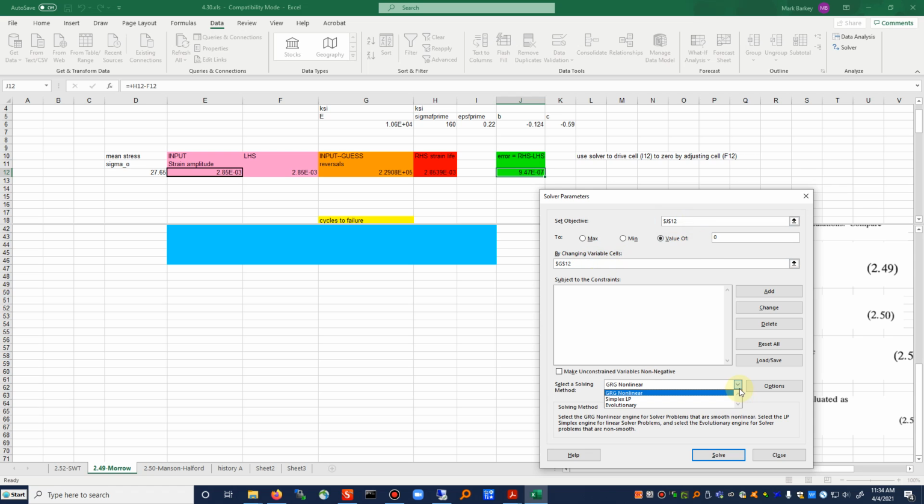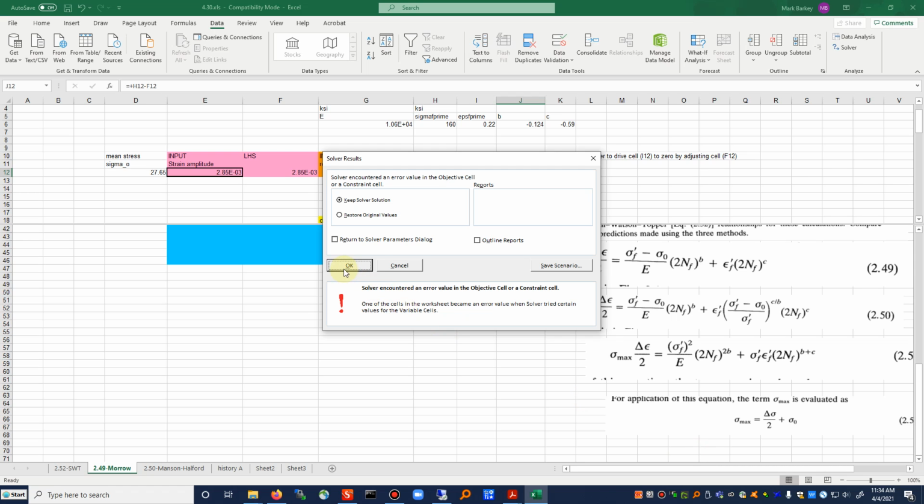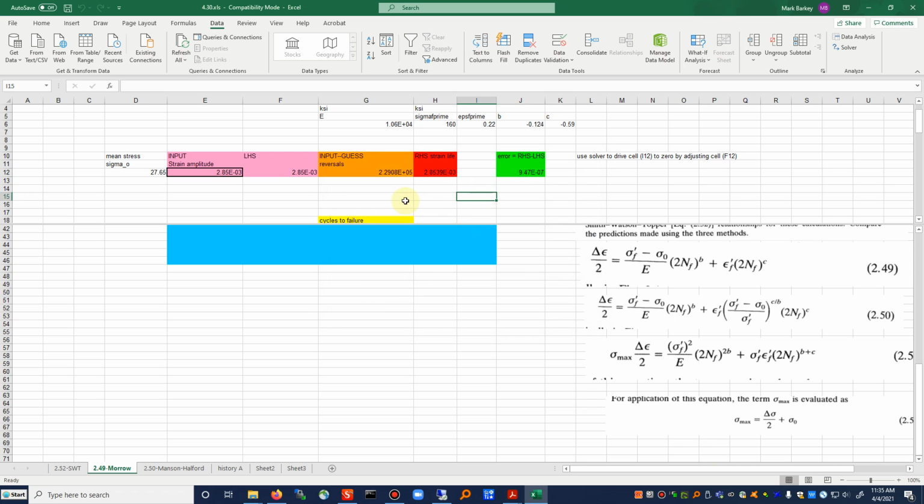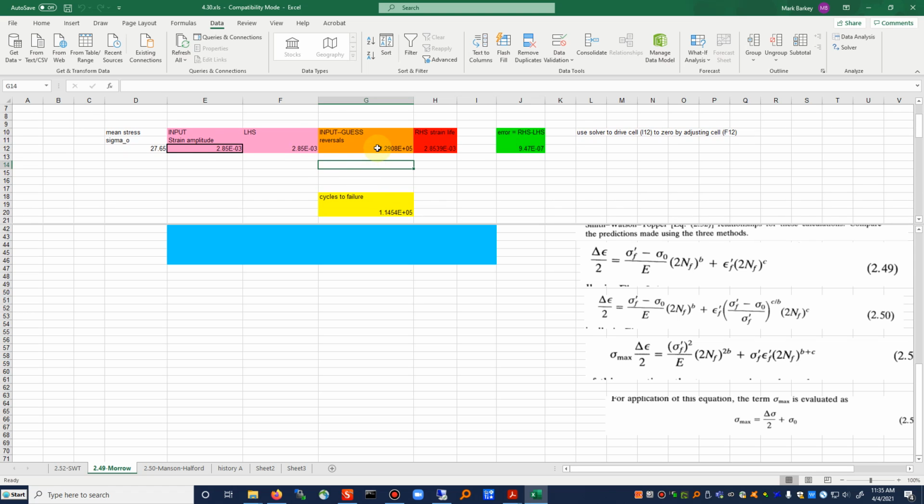Okay. So I think that's okay. We'll find out. So we don't deal with fractional reversals by any means. So when we come up with the reversals to failure, then we have to divide it by 2 to come up with the cycles to failure.